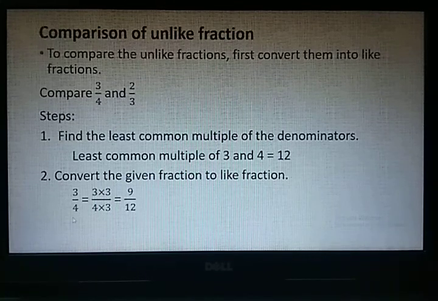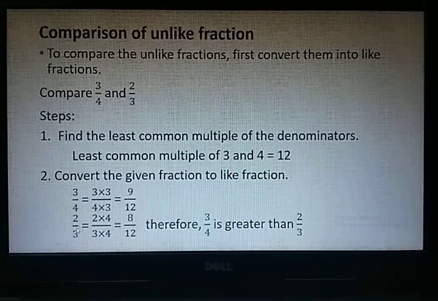Now if you want to make the denominator 12 in place of 3 in the fraction 2 by 3, you have to multiply 3 by 4, and you have to do the same multiplication in the numerator also, and then you will get 4 2s are 8 and 4 3s are 12. Now you can easily find that 9 by 12 is greater than 8 by 12, means 3 by 4 is greater than 2 by 3.